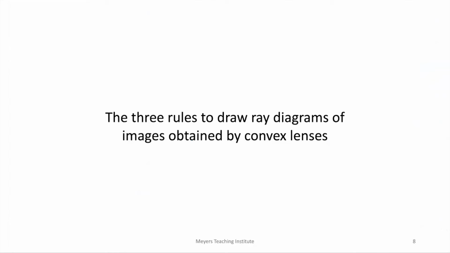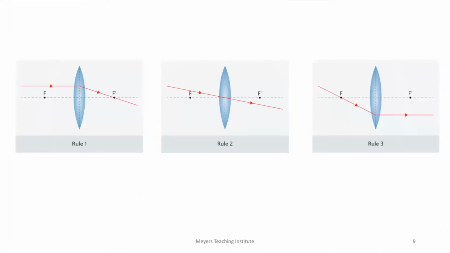Now, there are three rules to drawing the ray diagrams, and the three rules constitute three different approaches. In rule number one, when the incident ray is parallel to the principal axis, the refracted ray passes through the principal focus. In the second condition, when the incident ray passes through the principal focus, the refracted ray is then parallel to the principal axis.